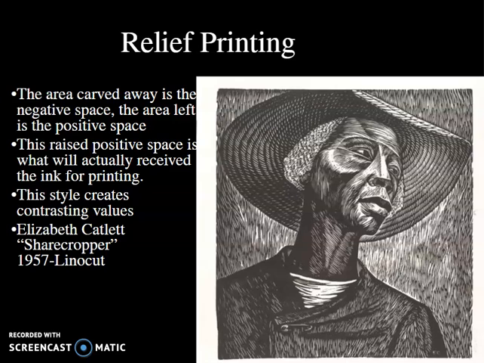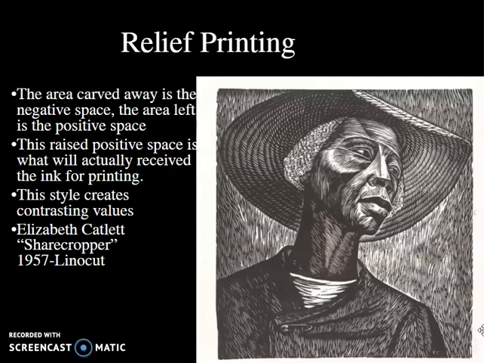The part that is raised is what would actually receive the ink, so think of it almost like creating a stamp. This image by Elizabeth Catlett is very high contrast, very textured, with very bold lines. Those are all characteristics of a relief print, because you are carving it away.